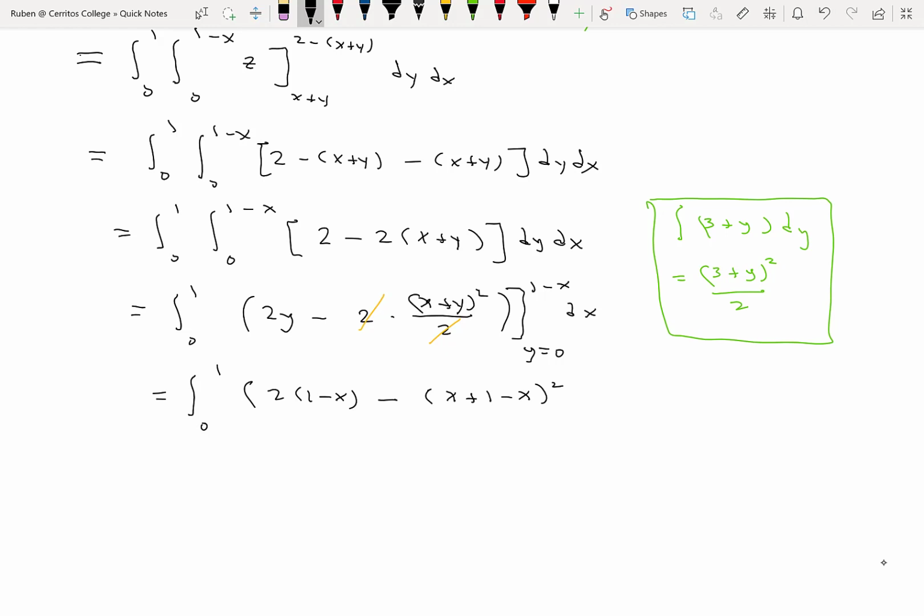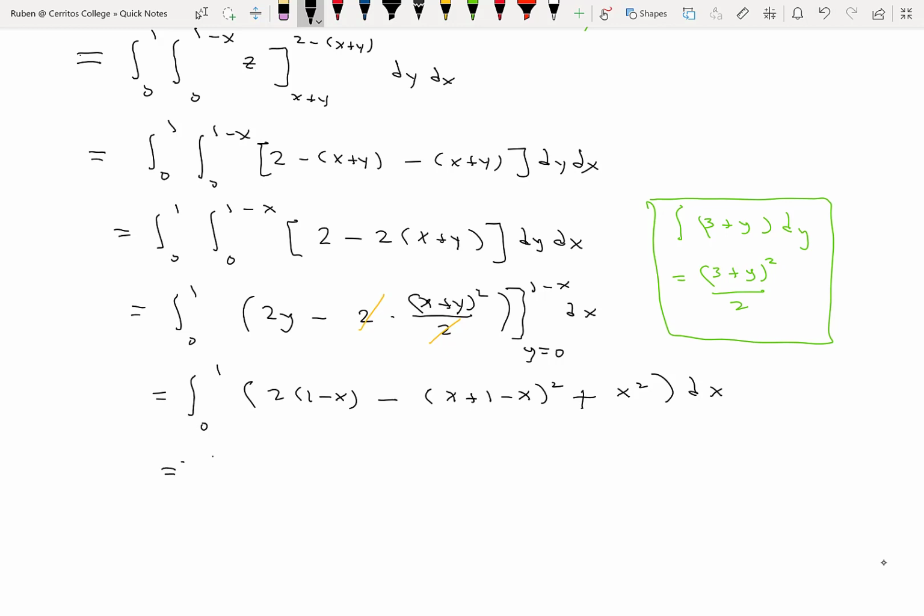That's by substituting the upper limit of integration in for y. If I substitute the lower limit in, the 2y gives me 0, and then minus, so really plus because there's a subtraction in there, y equals 0 gives me x squared. That's substituting y equals 0 in the x plus y factor.